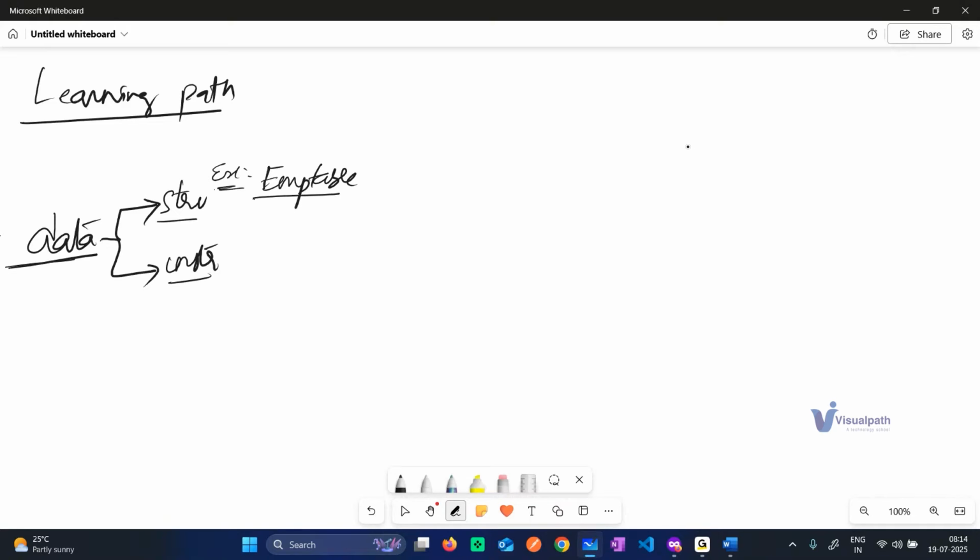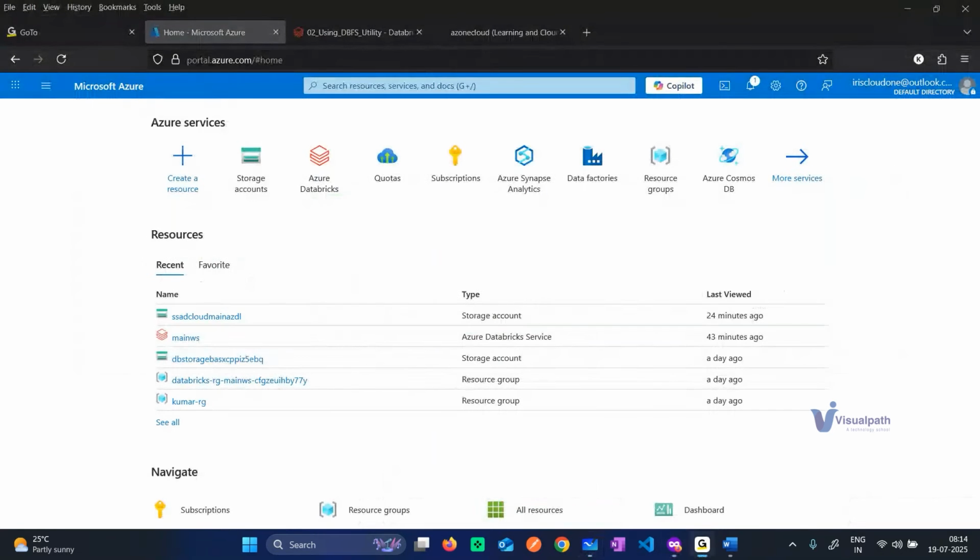Unstructured data is data that comes not as a table, but as a JSON file, a CSV file, or a Parquet file. Files are given to it. I hope everyone can understand this basic classification of structured data and unstructured data at a very high level.